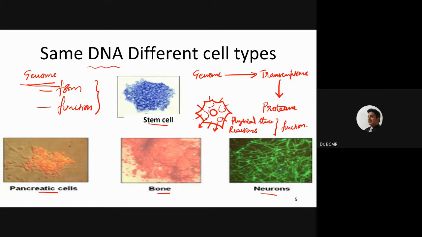If we are looking at multicellular organisms, we have several types of these cells, all coordinating and eventually making one individual. So if you have the same genome, how can you get so many different types of cells, around 210 cell types? That has to do with what genes are expressed and what genes are repressed.